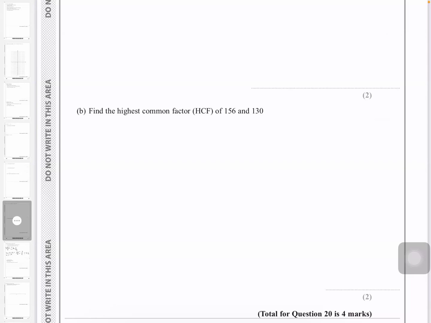All right. So we are on to the next question. It says, find the highest common factor of 156 and 130. Okay. So can you do this? You can find the HCF, right?